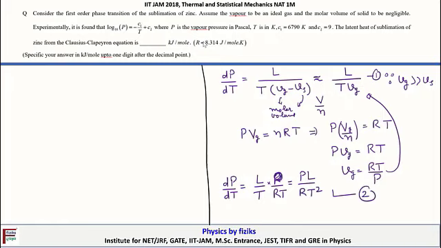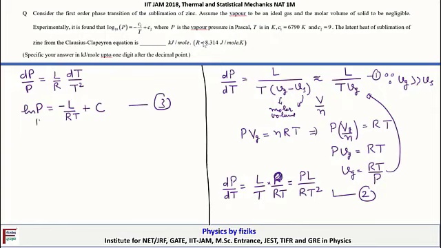So equation 2 can be rearranged as dP by P equal to L by R dT by T square. Now after integration we obtain ln P equal to minus L upon RT plus some constant of integration C. Let's call this equation 3.